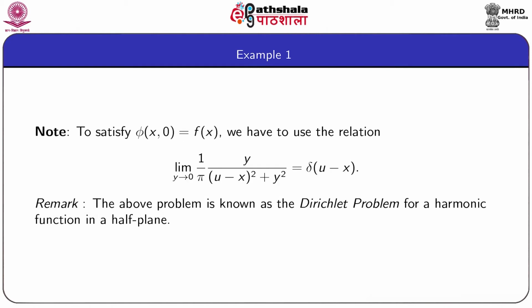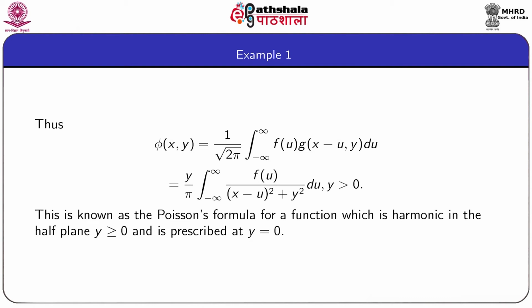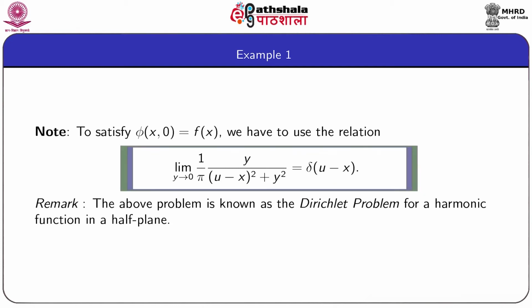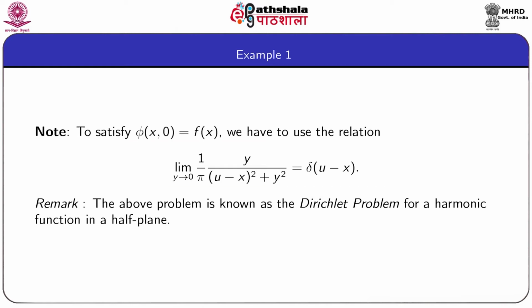Here we may note that to satisfy phi at y equal to 0 is f(x), from this relation, we have to use the relation limit y tends to 0 of 1 by pi, y by ((u minus x) whole square plus y square) equal to delta of (u minus x). Here delta is the delta function. And the above problem is known as the Dirichlet problem for a harmonic function in a half plane.